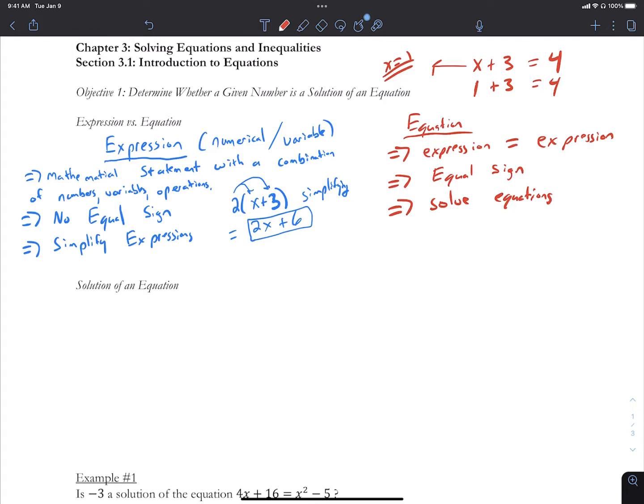So if I don't have an equal sign, I can't solve. That's something that some people get confused about. With 2 times x plus 3, I can't figure out what x is. There has to be an equal sign in order for me to figure that out.